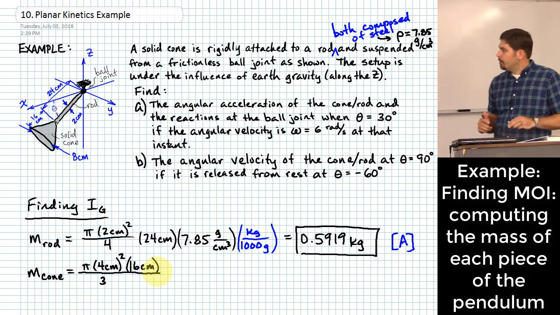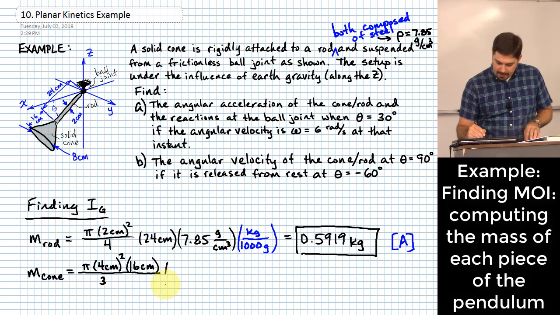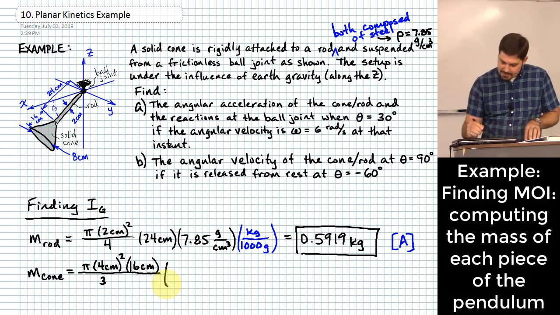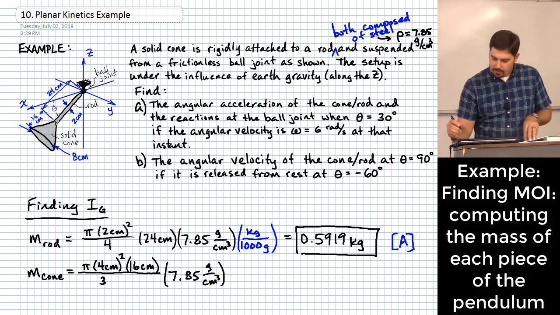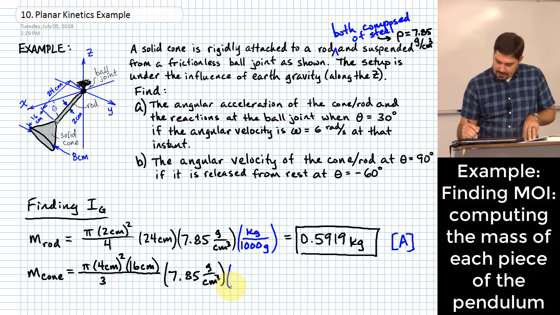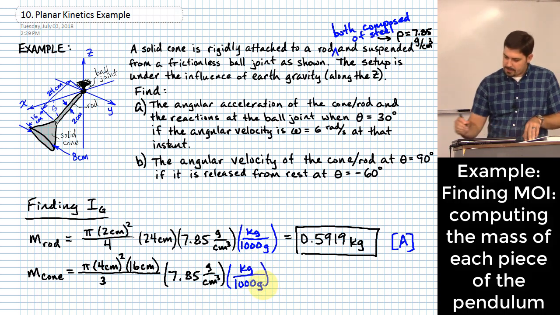Okay, that's volume. Now what I can do is take volume and multiply it by my density, 7.85 grams per cubic centimeter. All right, and then if I want it in kilograms, I can multiply by kilogram per 1,000 grams, like so.